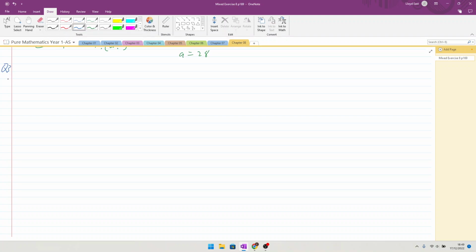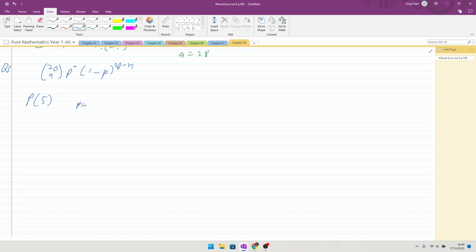So 20 people play a game, and the probability that exactly n people win the prize is modelled as 20Cn p to the n, (1 minus p) to the 20 minus n.